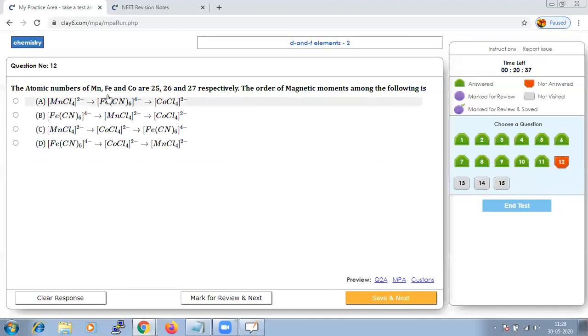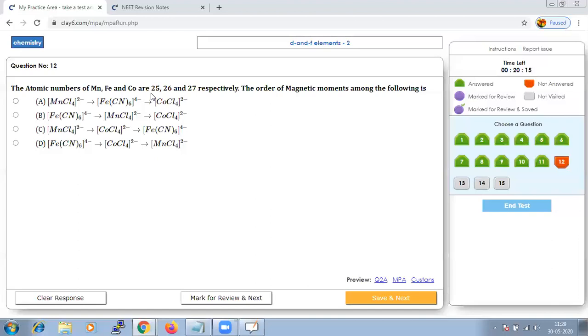The atomic numbers of manganese, iron and cobalt are given, along with the order of magnetic moment. For each one, we just need to calculate the magnetic moment. It is very simple to find out based on the unpaired electrons.